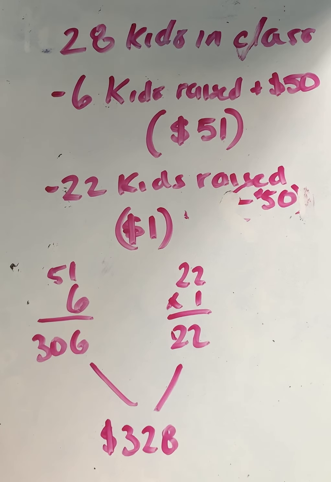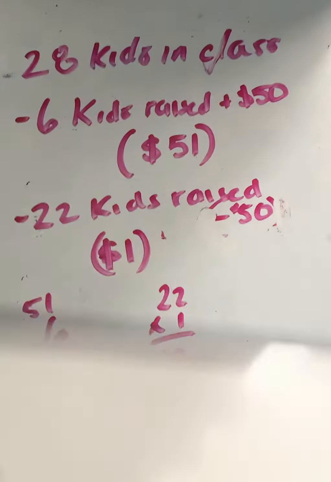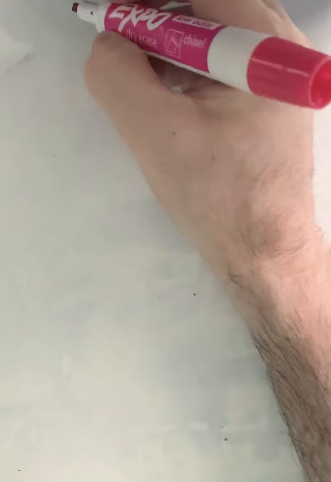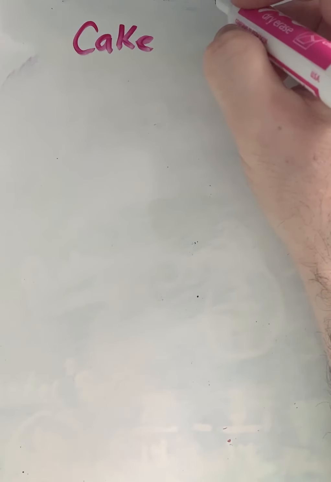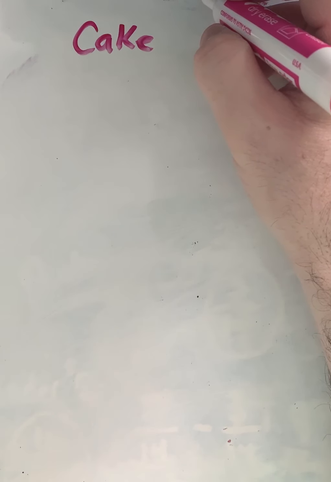So let's do the last question, which was the cake. So I'm just gonna grab this board and erase it quickly. So the cake question looked a lot trickier than it actually was, okay? So there was a cake, and Amar baked the cake. John ate 1/6 of the cake.